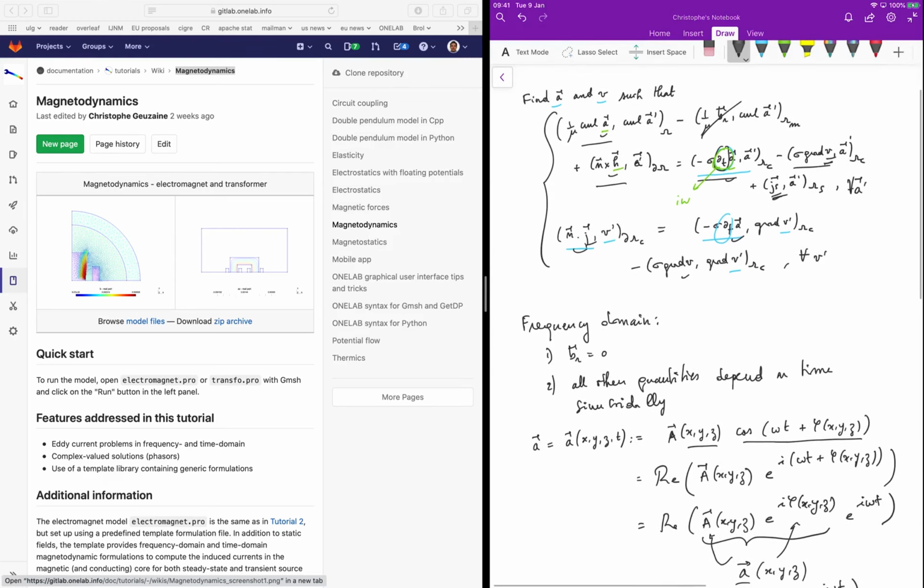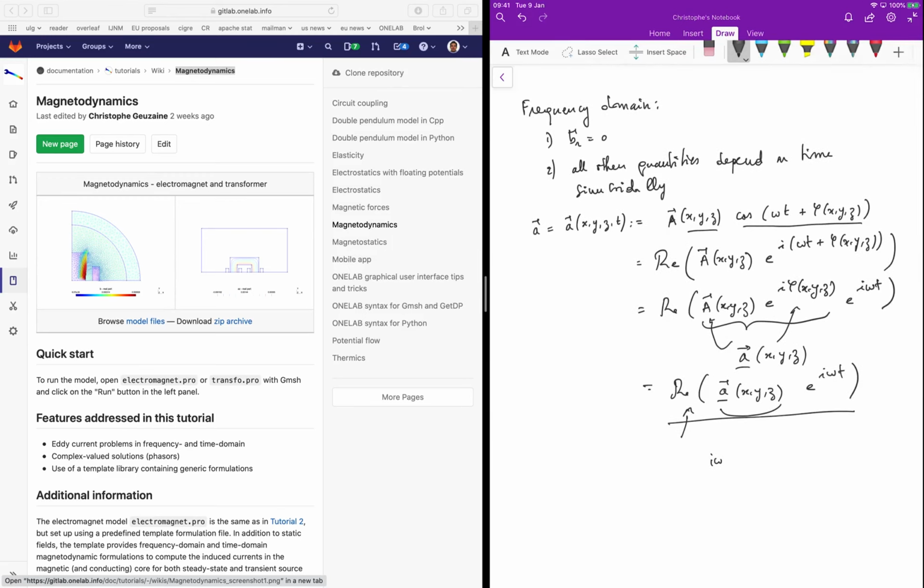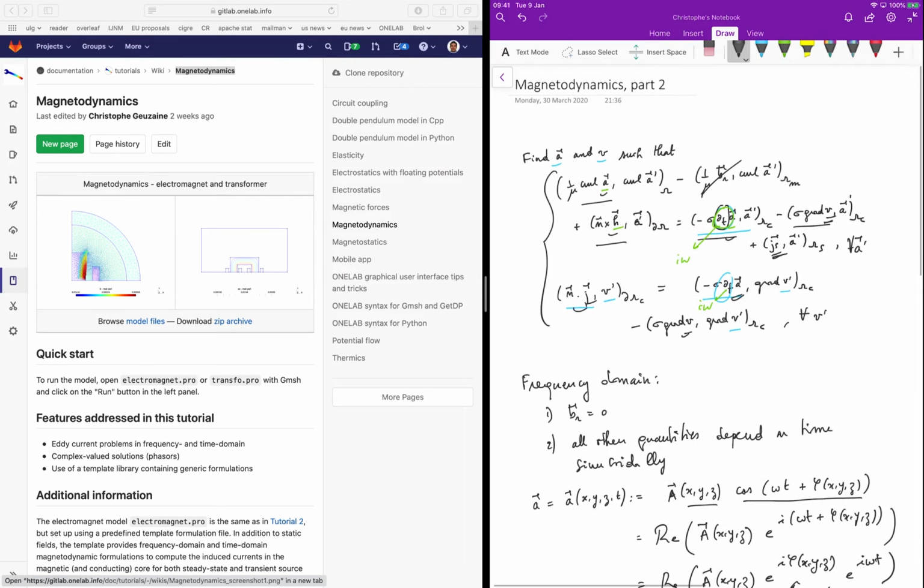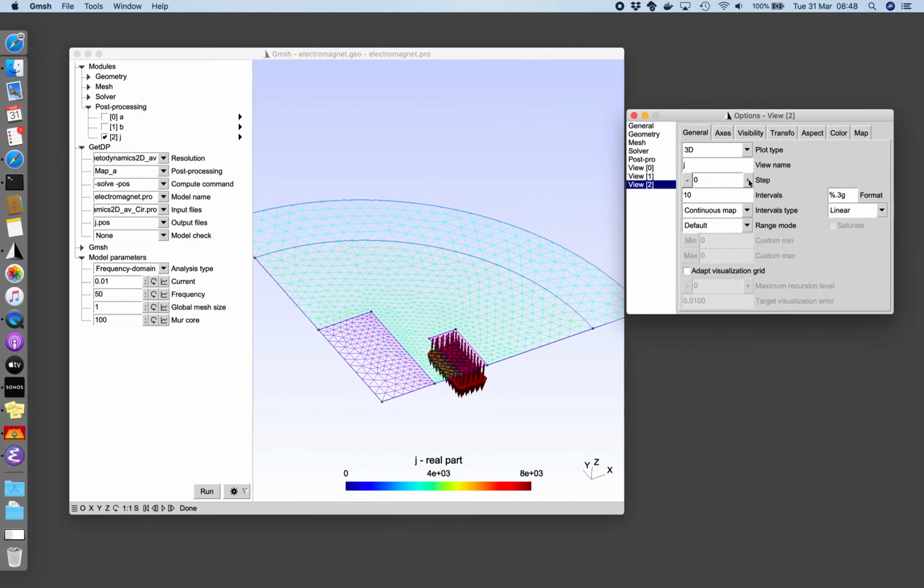I have the same here. Here I have, again, with the time derivative, an I omega that appears. And then here I have a phasor, and here I have a phasor. So, in effect, it's extremely easy because the equations that we had are exactly the same, except that dt is replaced by I omega, and that the fields we have to understand now as complex valued fields. And this is precisely what we are doing in the formulation.